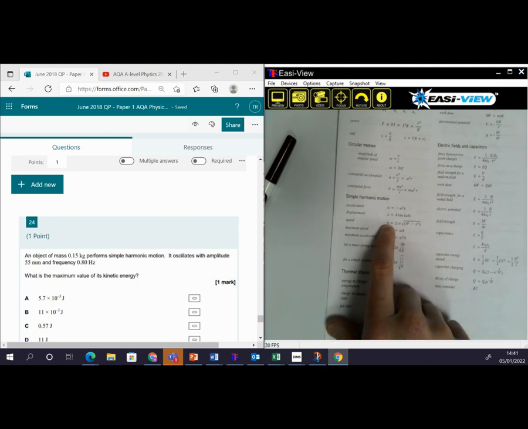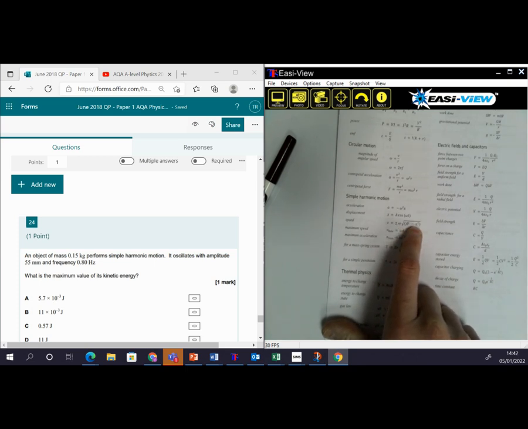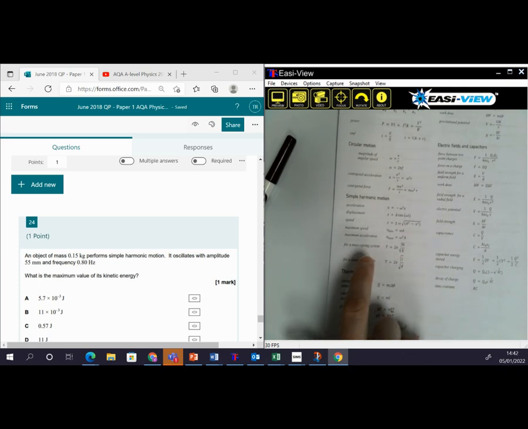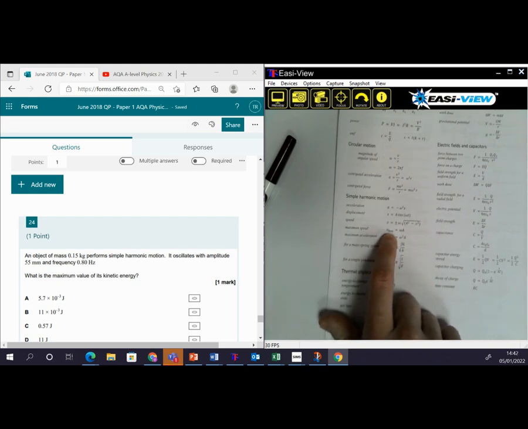So that's the speed at any given displacement, and the displacement is a function of time. However, we've got a shortcut really where we can get to v max, and v max is omega A.